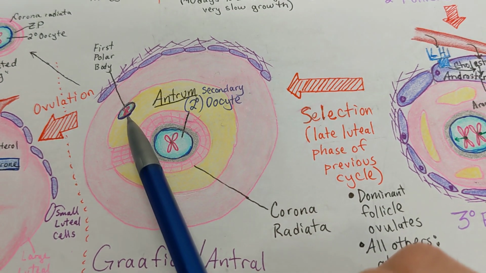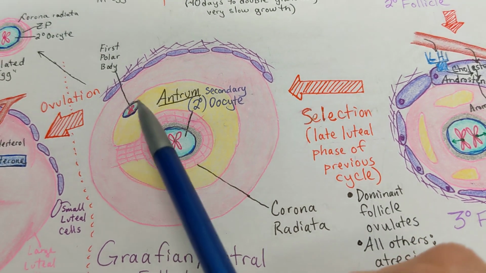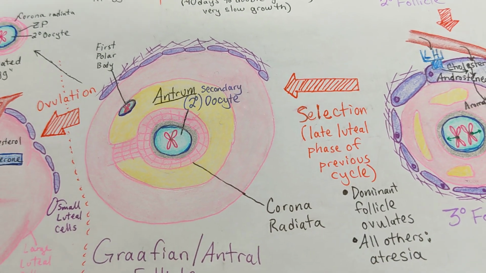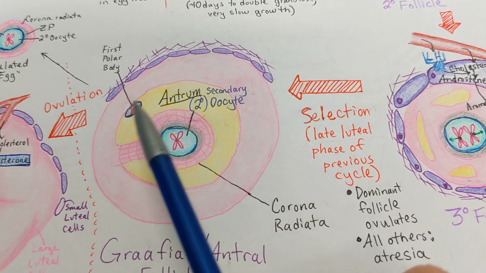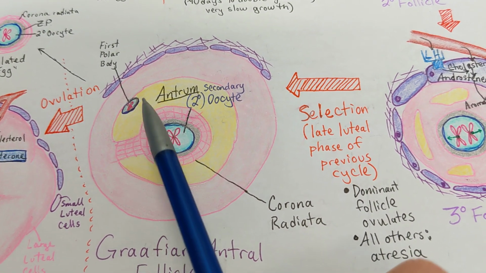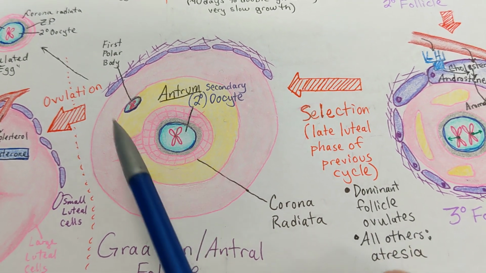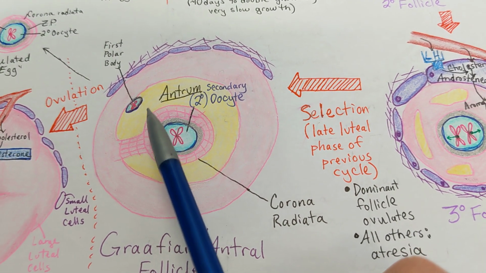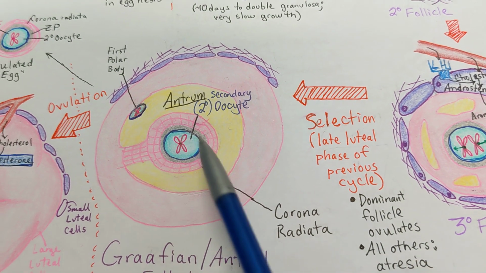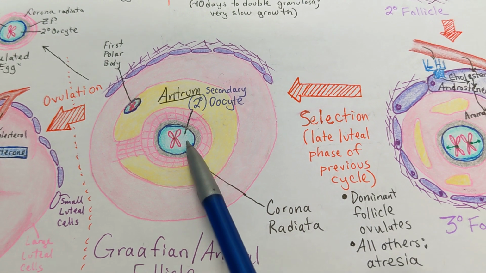Okay, this essentially is genetically a daughter cell, but as we can see, it's really tiny. It's kind of shoved off to the side of the follicle, and we don't really use this for anything. It's just there to hold on to this extra DNA. We don't need anything from it. Instead, all of the cytoplasm that would have gone into this cell has been absorbed by this secondary oocyte daughter cell.